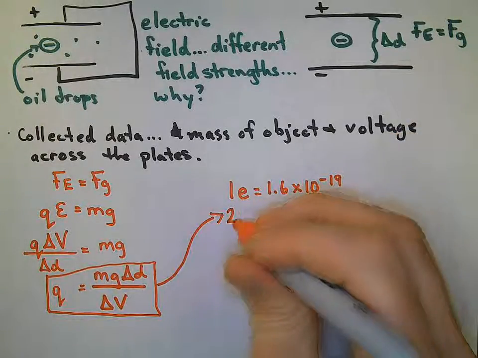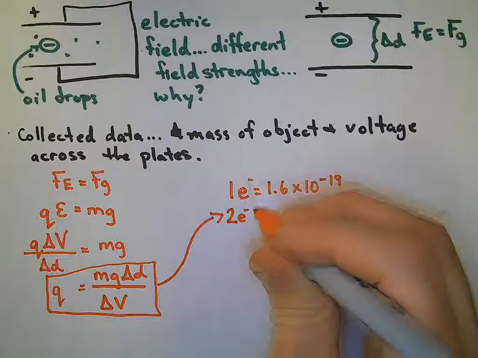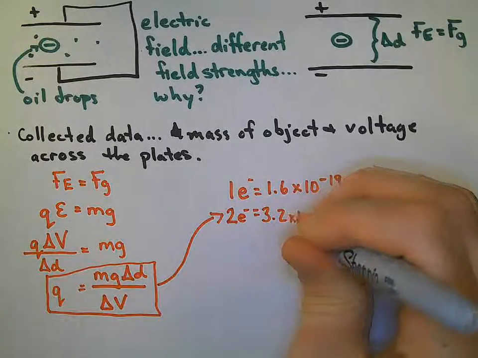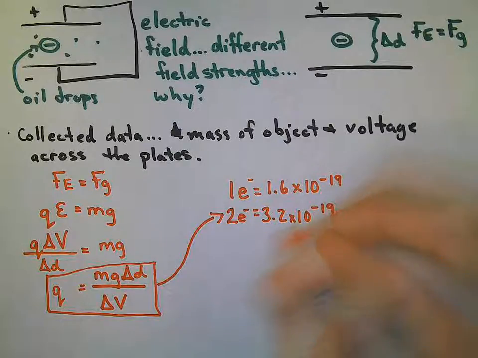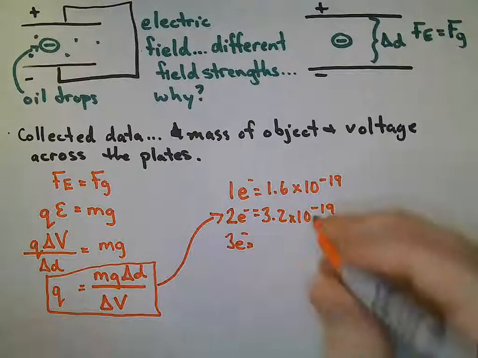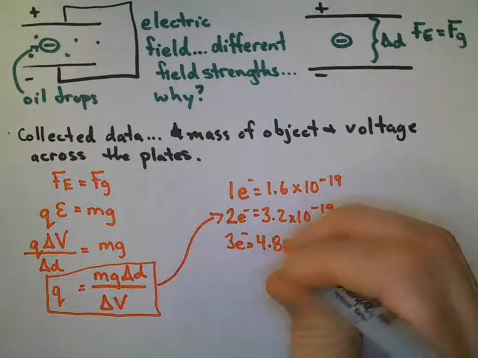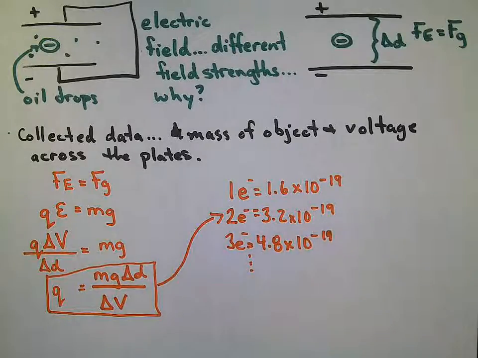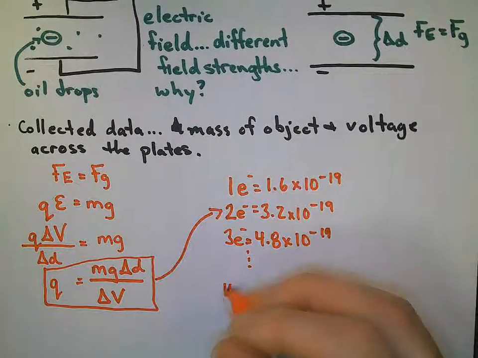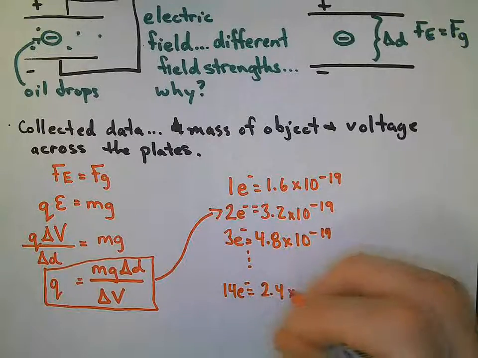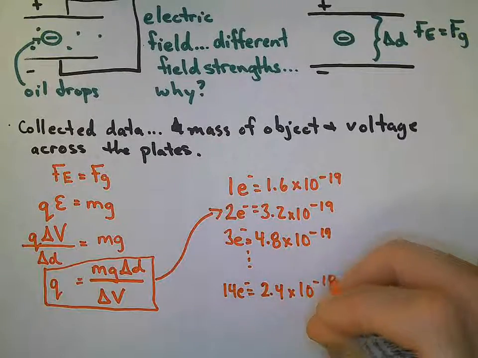And then he was able to determine that two electrons had a charge of 3.2 times 10 to the negative 19. Then he was able to determine the third charge, which is 4.8 times 10 to the negative 19, etc. He was able to determine that 14 electrons had a charge of 2.4 times 10 to the negative 18.